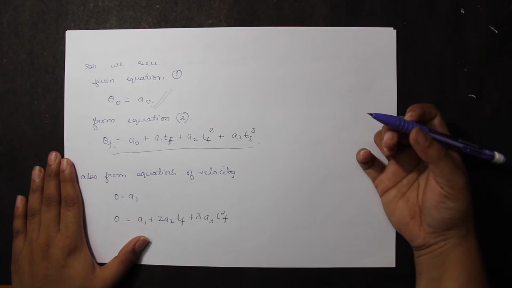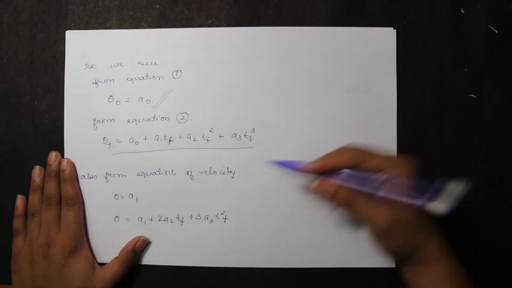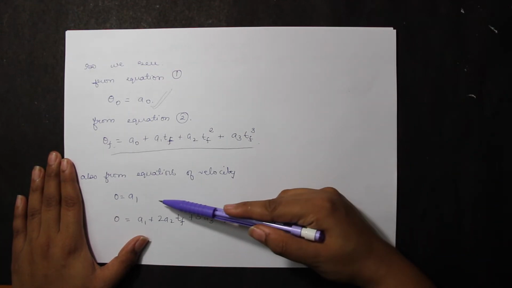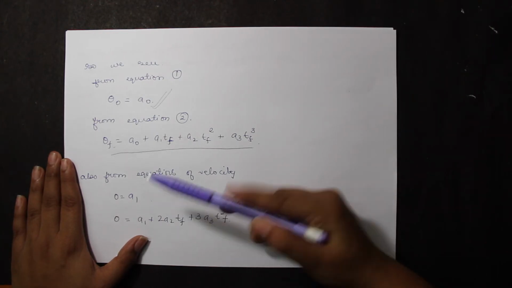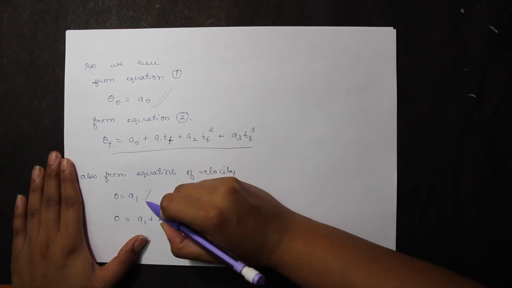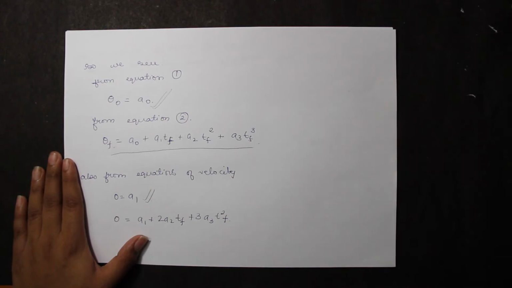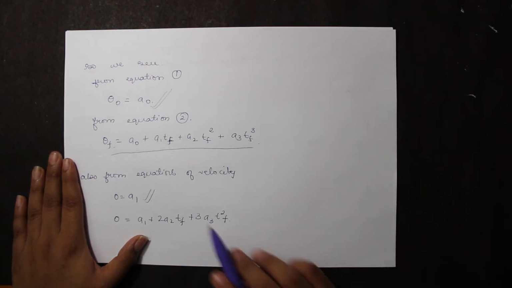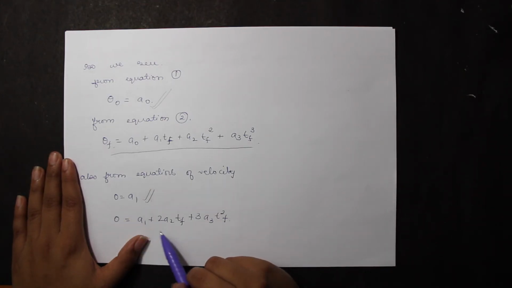Also from the equations of the velocities, that is theta naught dot equals 0, we put it into the value of theta t dot and we come up to something like a1 will always be 0. When we put the value of tf, we come up to this equation.